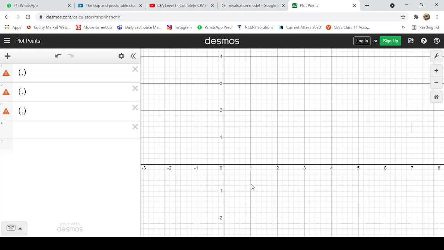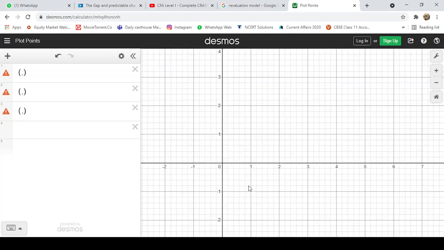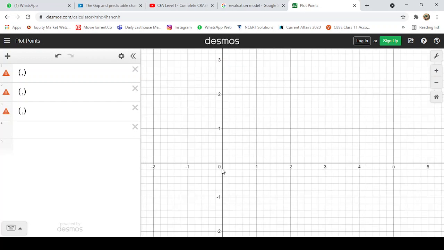This is the graph paper with the x-axis running from left to right and the y-axis from top to bottom. The scale of this graph is 1 unit, and here is the origin 0.